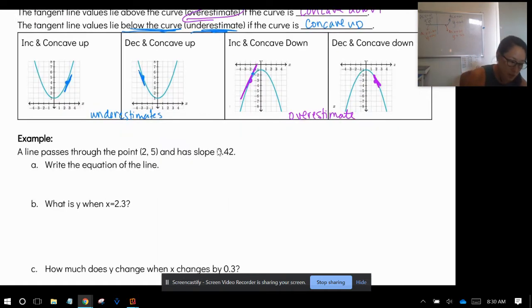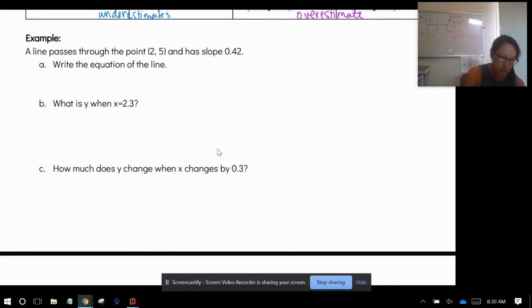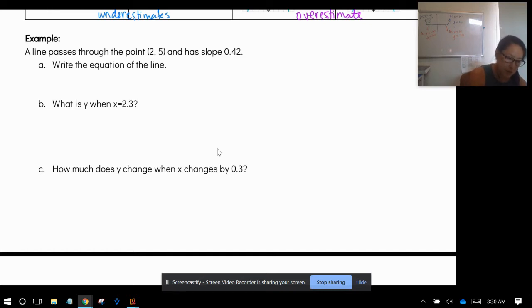Okay, so here's how we do this. A line passes through the point (2, 5) and has a slope of 0.42. So we want to write the equation of the line at the point first. So this is my point and the slope of the curve, this is f prime of A, and this would be my x and my y of my point.